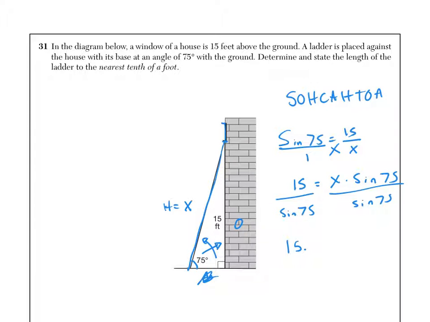We get 15.48888, and it keeps going on with some more decimals, equals x. We're going to round this guy to the nearest tenth of a foot, so it's 15.5 feet is the length of the ladder.